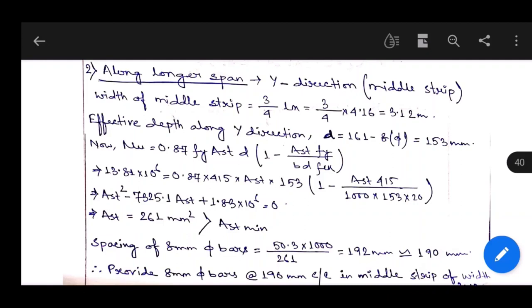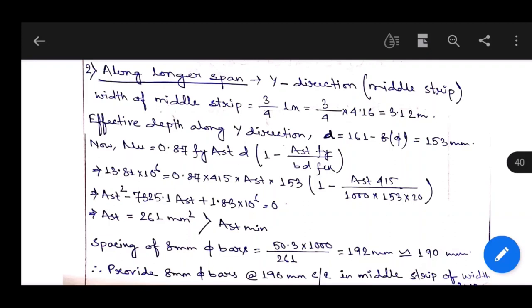Now Mu, again the same formula, same approach as for the x direction. Mu is equal to 0.87 Fy AST into D into 1 minus AST into Fy over B into D into FCK, bracket closed. Here also only the area of steel AST value is unknown, all other values are known. So just put the values.